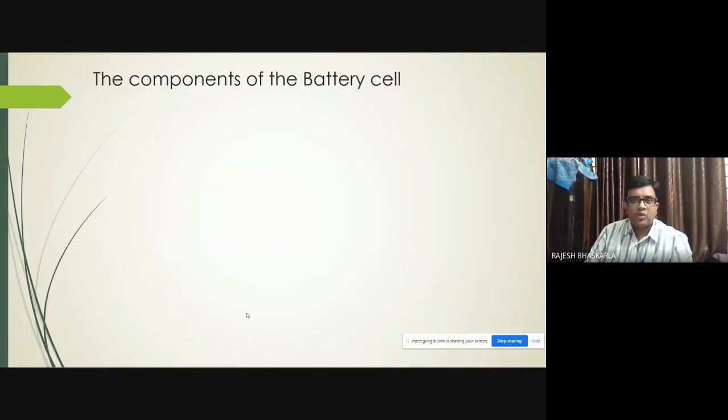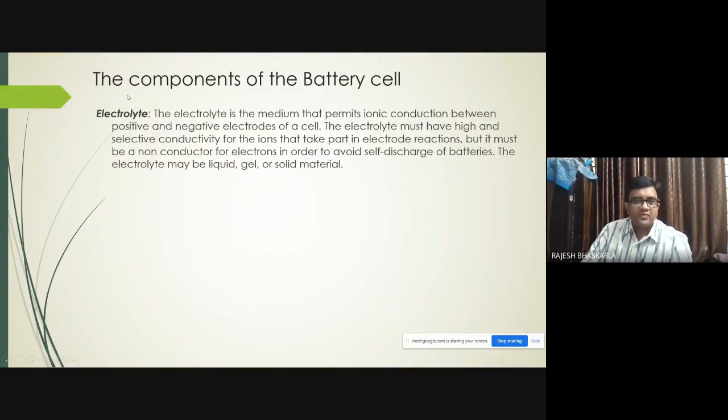Now components of a battery cell. We have already discussed the negative electrode and the positive electrode. Now the electrolyte. What is the function of an electrolyte? The electrolyte is the medium that permits ionic conduction between the positive and negative electrodes of the cell. The electrolyte must have high and selective conductivity for the ions.